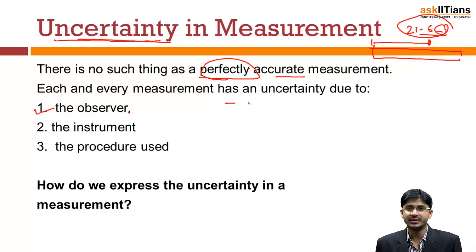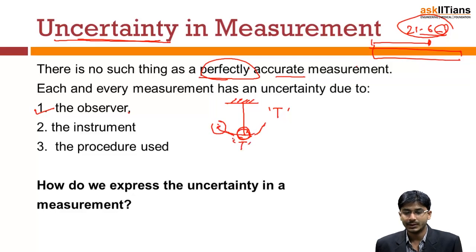Now this uncertainty can creep in due to any of these factors. First, it could be due to the observer, the person who is observing. Suppose you have a simple pendulum experiment where we measure the time period of this simple pendulum. How do we measure the time period? We take it like this here, and then we leave it.